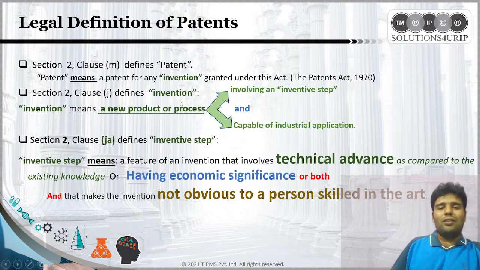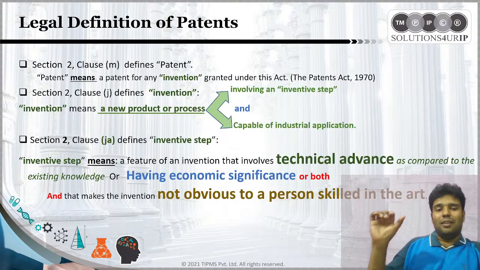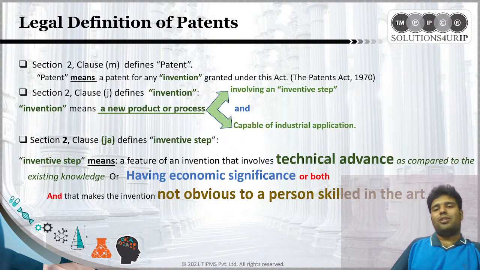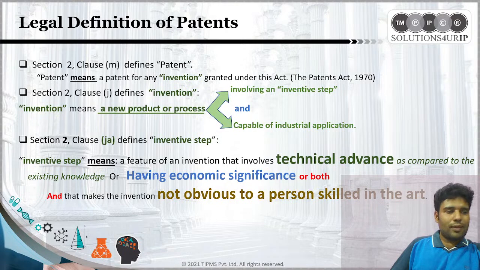And in order to define invention, the Patents Act, 1970 says invention means a new product or process. That means patents can be granted, can be registered, for a product or a process.